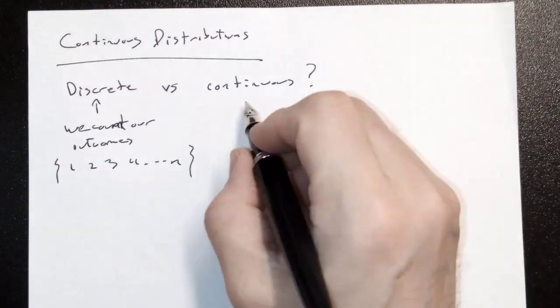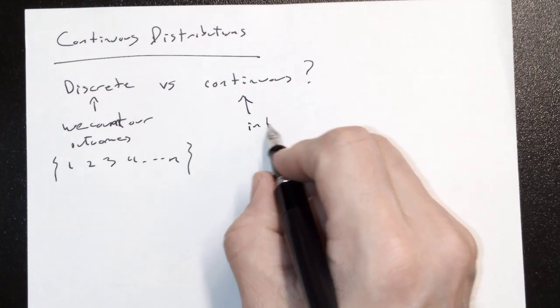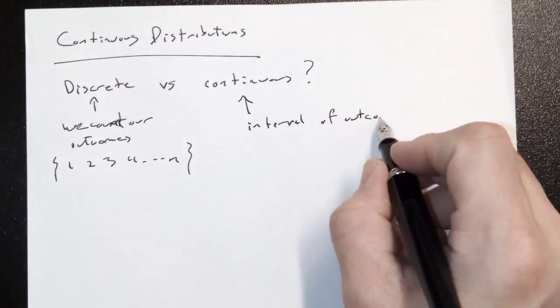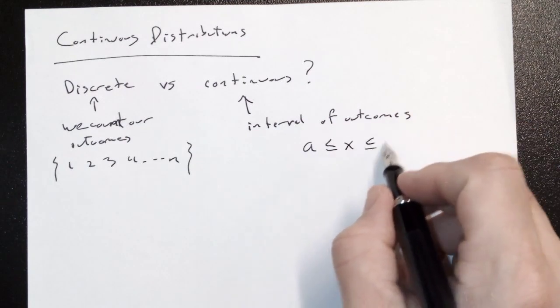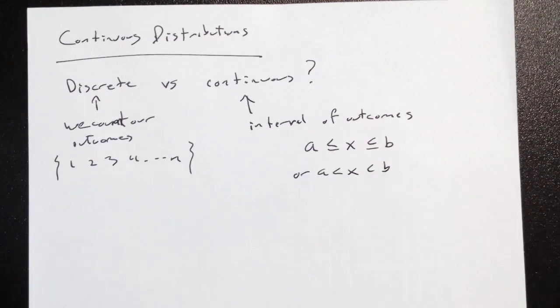But in a continuous setup, we have an interval. So if I said from 20 to 40, I'd be thinking of the whole smeared out number line between 20 and 40.